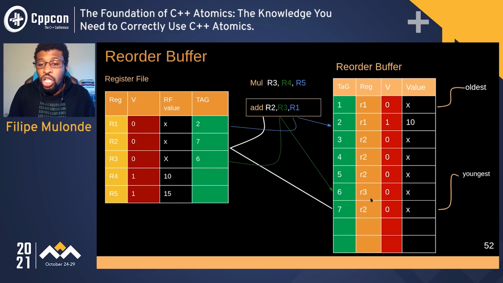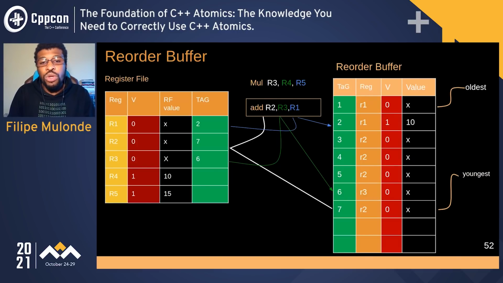When we are at the reorder buffer, again, we check the valid bit of the youngest entry of register number 3 in the reorder buffer to see if the value is ready. In this case, the value is 0. It means that the value is not ready. So this instruction needs to wait until the producer of this value updates the reorder buffer.